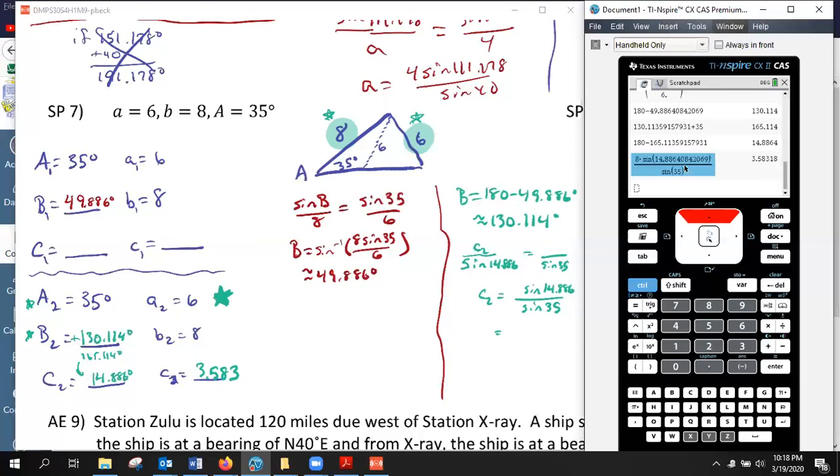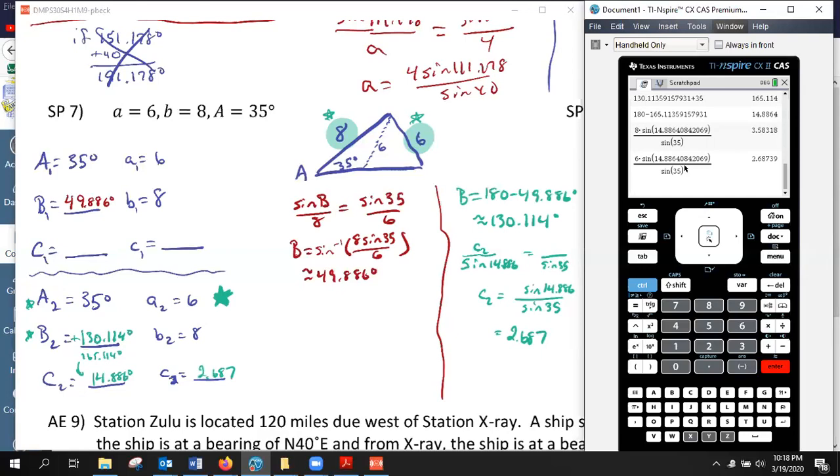Sorry for the mistake, guys. I knew it was bound to happen sometimes. So there we go. That answer looks a little bit more like what I was looking for, 2.687. So there's our second triangle.